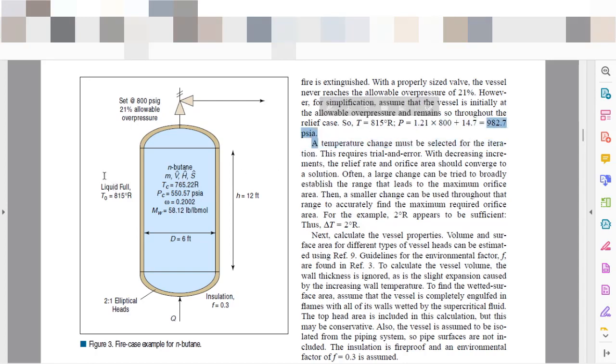And in this case, the author, for some reason, I don't know the reason, set the temperature of the fluid as a starting point of 815 Rankine.